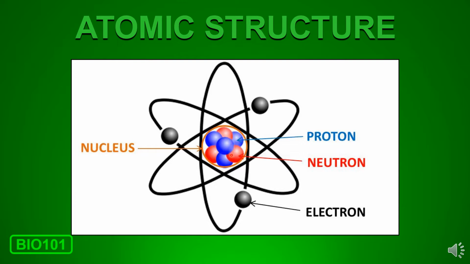We see the core here made up of protons and neutrons, protons in blue, neutrons in red here, and together they make up the core, which we call the nucleus. And traveling very fast around the nucleus in all different planes are these subatomic particles that we call electrons.